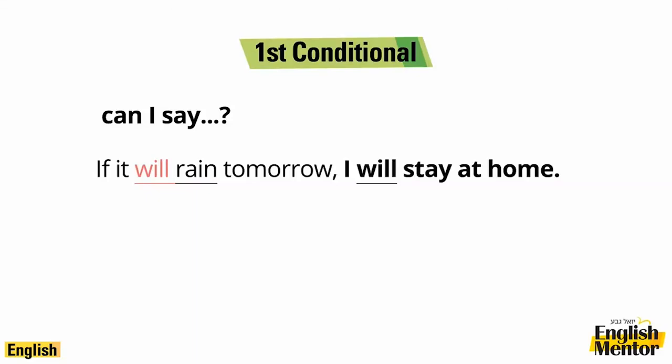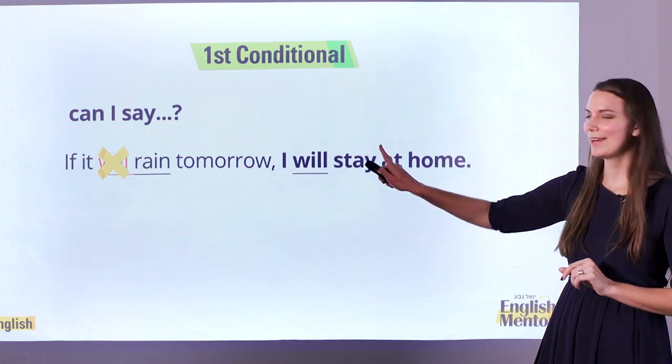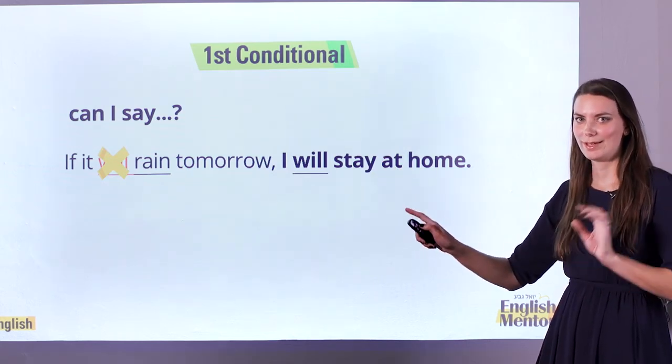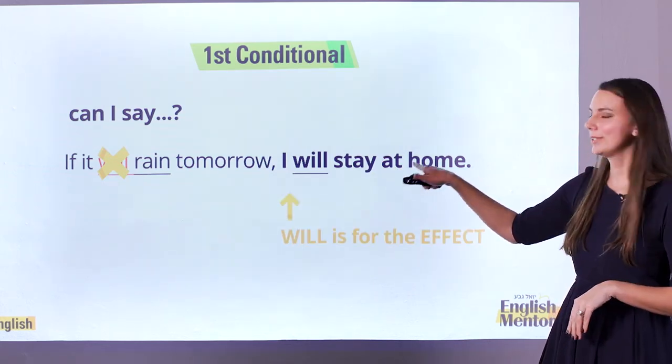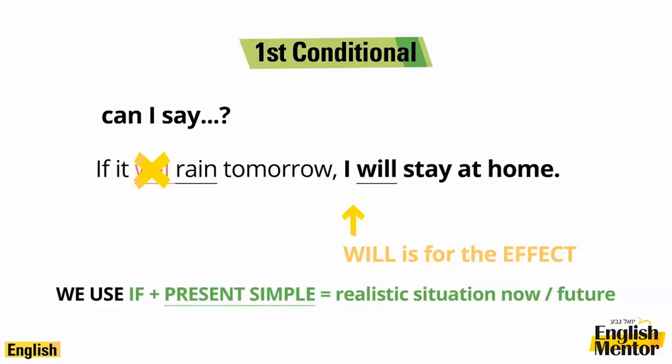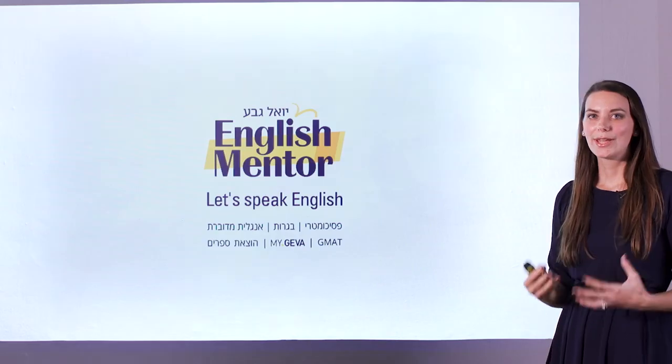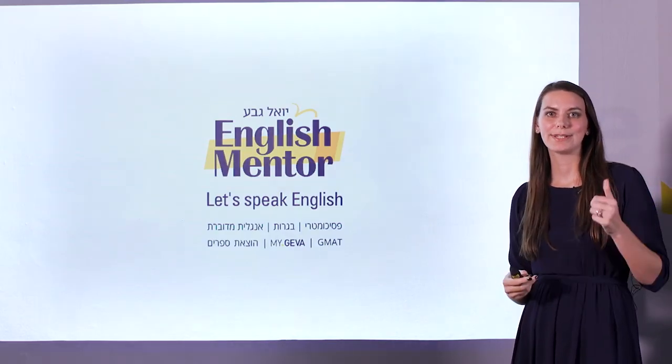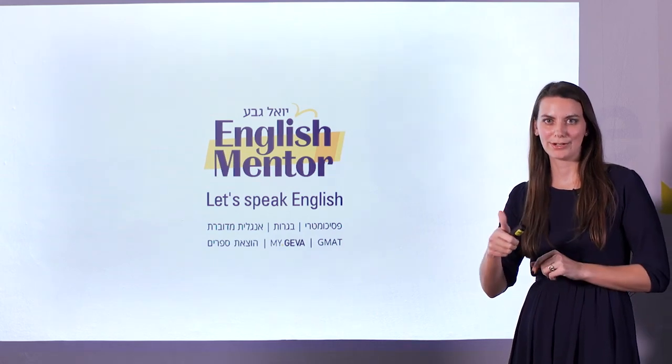No, absolutely not. Do not say this. You cannot say, if it will rain. The will is only for the effect. So we use if plus the present simple when we're talking about a realistic situation, something related now and into the future. So that's the end of our explanation for the zero conditional and the first conditional.